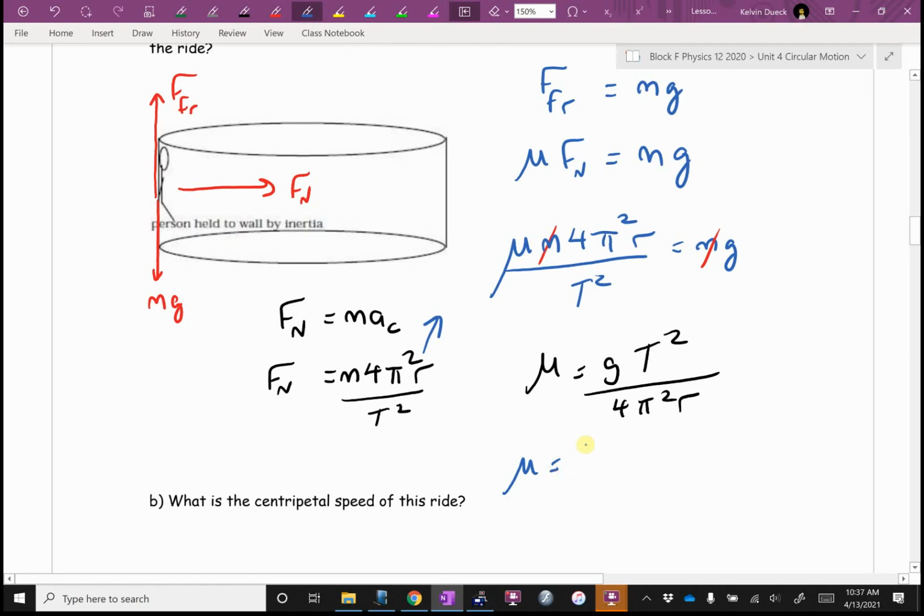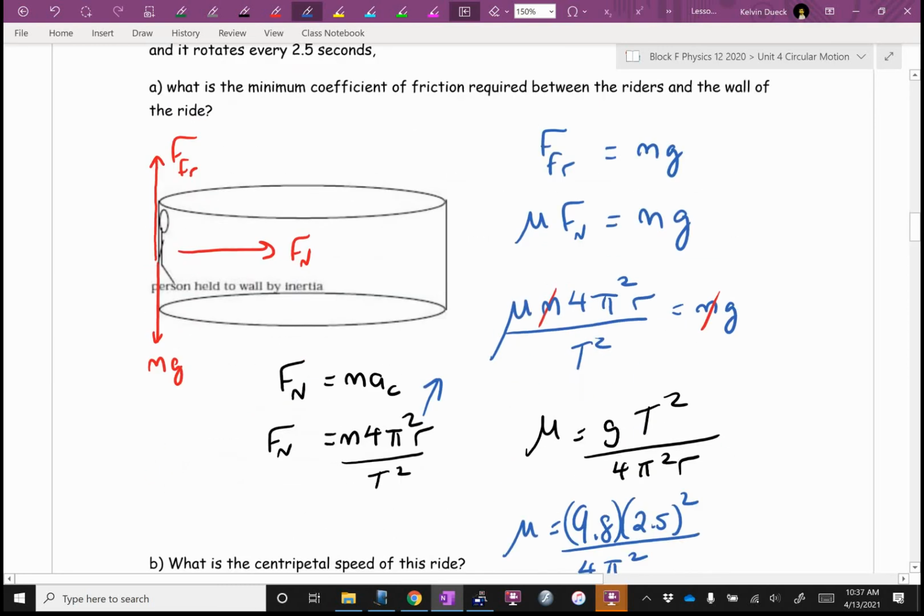Mu is going to be 9.8. What was the period? Every what? 2.5 squared, all over 4 pi squared. What was the radius of the Gravitron? 4.8.